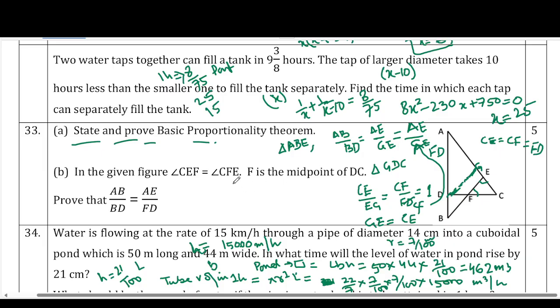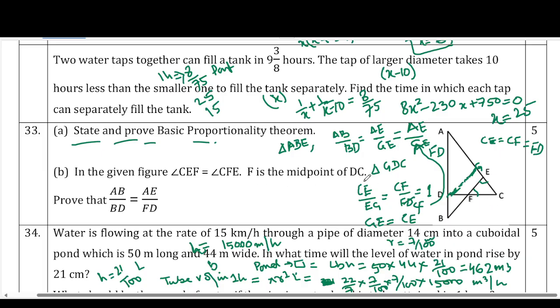In the given figure, angles CEF and CFE are given equal. This means in the triangle, if these two angles are equal, the sides EC and CF will automatically be equal.